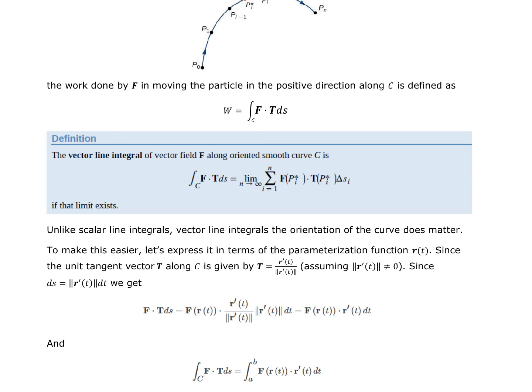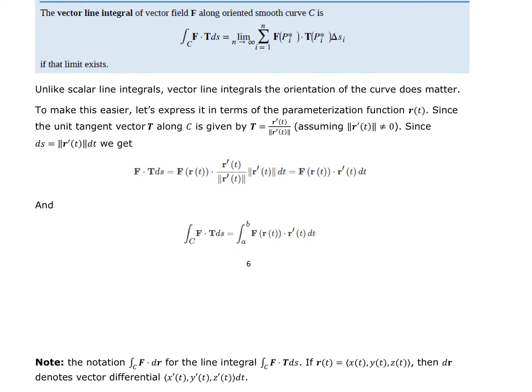And as before, we're going to try to make this a little bit easier to work with. So we go back to some of the ways that we described our tangential vectors. Then we end up with this. F dotted with our tangential vector along the curve C with respect to arc length ds can be written from a to b of F evaluated at our parameterization, dotted with r prime of t dt.